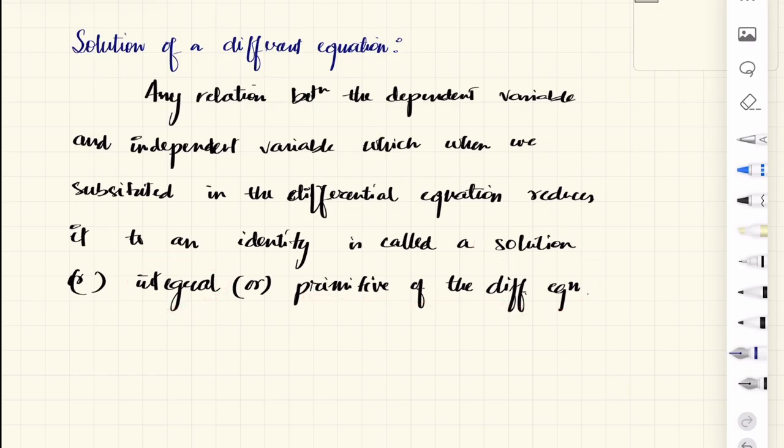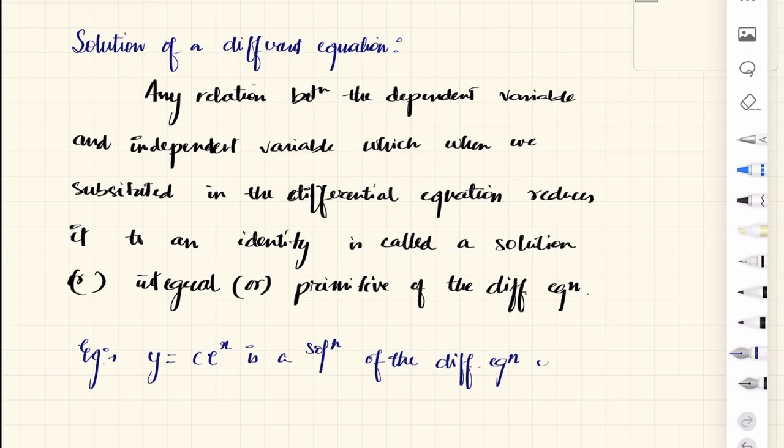So I'll give you an example. Let's say y equal to c e to the power x is a solution of the differential equation dy by dx equal to 2y.